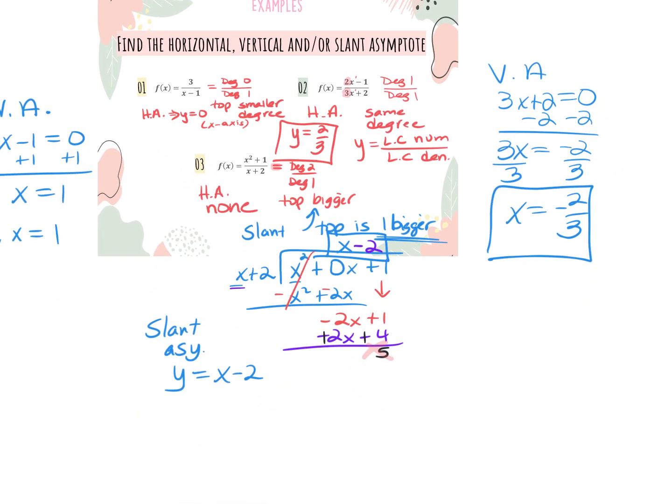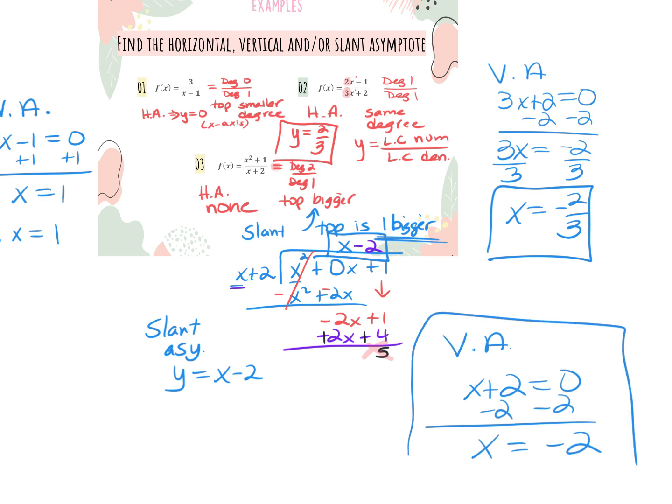So all you're going to do for the vertical asymptote is take the denominator, set it equal to 0, subtract 2, and x equals negative 2. Now, once we start using the calculator tomorrow, when you key these functions into your calculator and you look at that table to get the ordered pairs, whenever there's an asymptote, it's going to show the word error in the table of values.